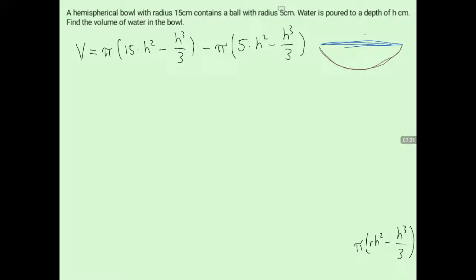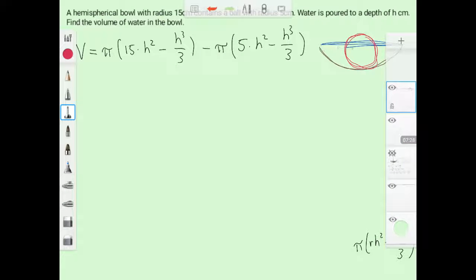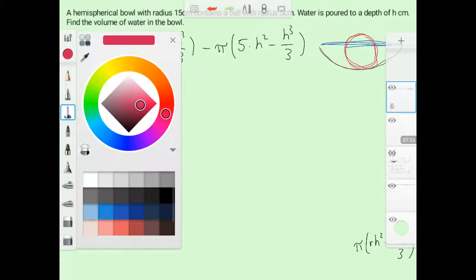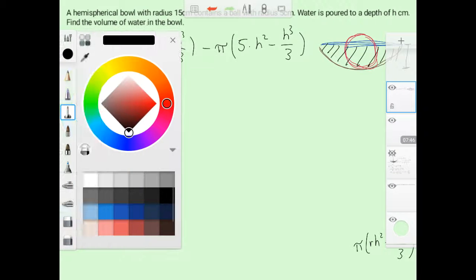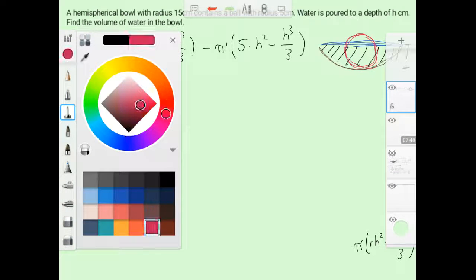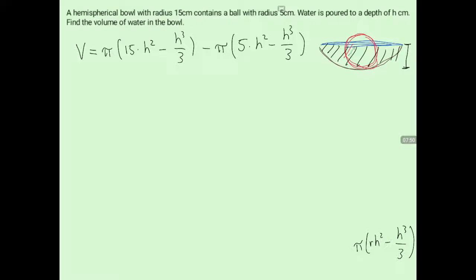If the ball is not completely submerged, then the amount of water in here is the amount of water in the bowl. So let's write this as this. If it's at this height h, then the amount of water is just the amount of water in this bowl, subtract the amount of water displaced by the ball.